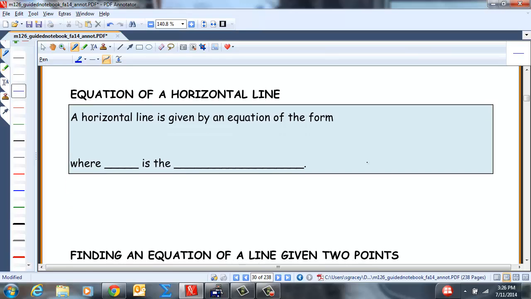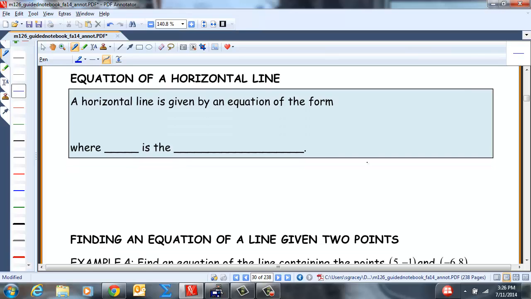So an equation of a horizontal line, if you take that equation I just gave you, y minus y1 is the slope times x minus x1, and we've decided before that the slope of a horizontal line is 0 because there is no rise.